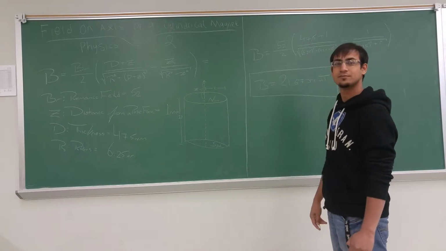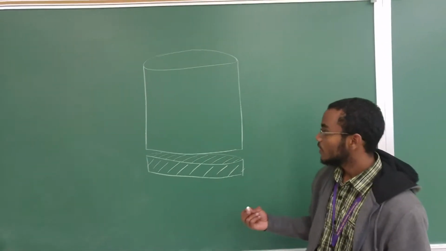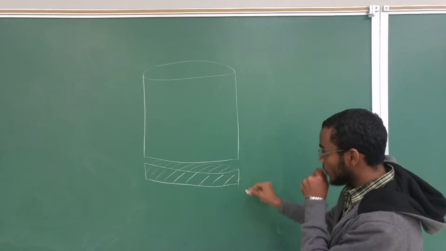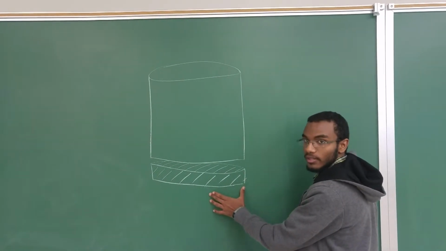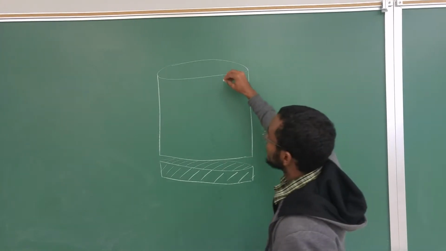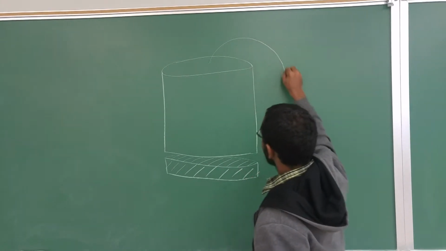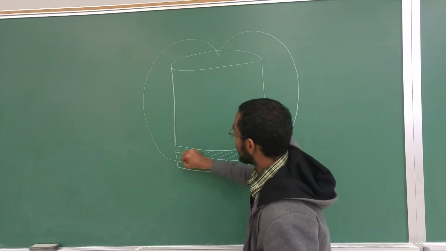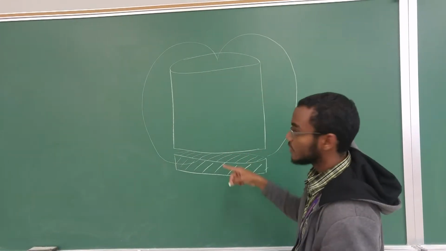millitesla. As we start the experiment, we have this metallic cylinder right here. When we apply the magnet to it, the cylinder gets magnetized, producing magnetic fields from both poles of the cylinder.